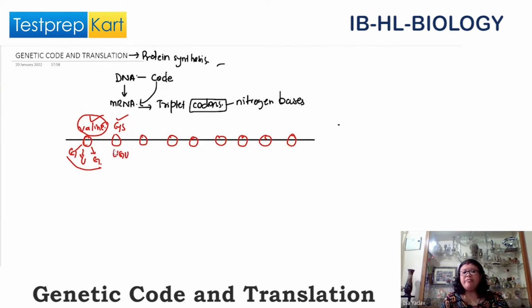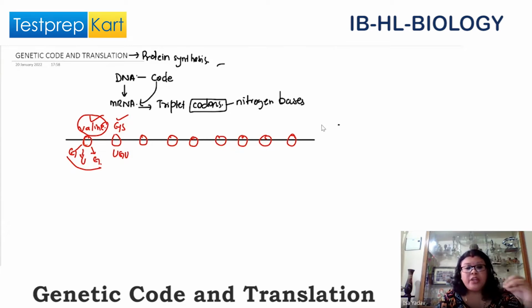But what differs is the position in which they are placed. What is the sequence? In one protein, valine may be first, and in another protein, valine may be last. Understood or not?